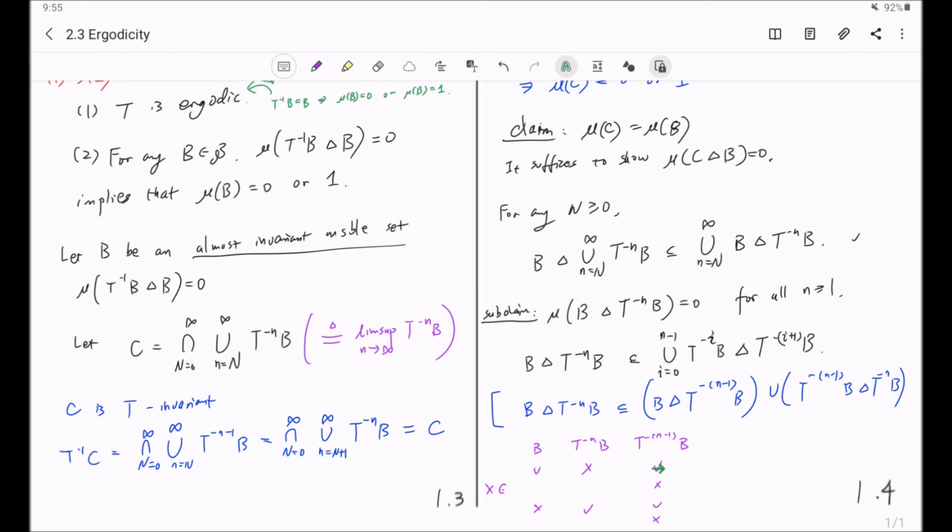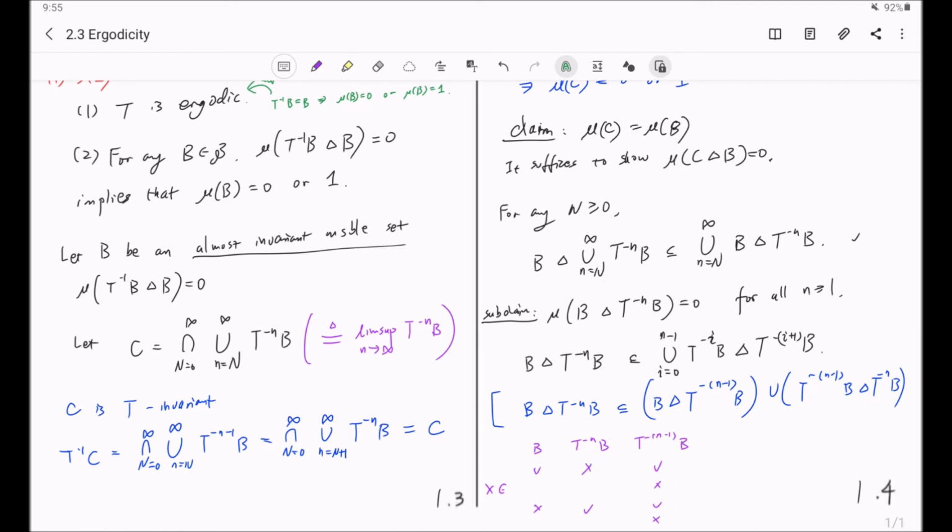For the first case, x will fall into this set, the symmetric difference of T negative n minus 1 B and T negative n B, because it is in here but not in here.